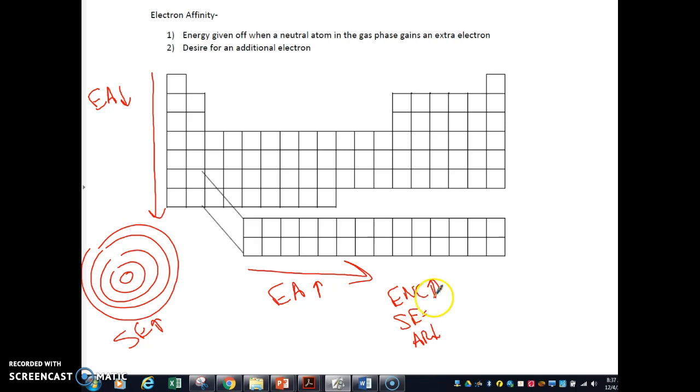So this higher effective nuclear charge is saying that these elements with a high electron affinity, like the halogens, for example, end up having a tendency of gaining extra electrons. If you can think about elements as wanting to do something, although I kind of hesitate to use that, they want to be like the noble gases, so they have a tendency to gain electrons to get a stable electron configuration.